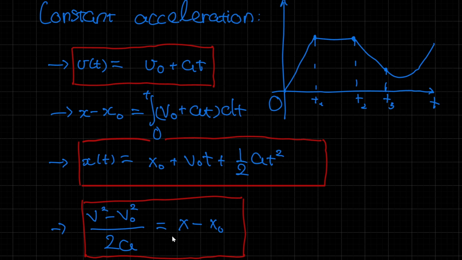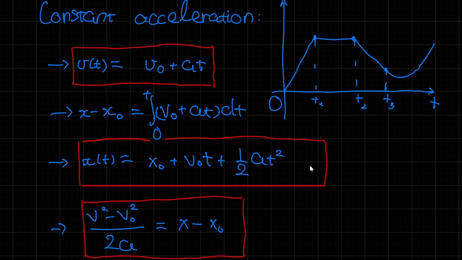And another form for this equation is v squared minus v0 squared over 2a equals x minus x0. These three equations can help you a lot in different problems. Sometimes you may use this, but sometimes you may use these other equations. That really depends on what problem you are trying to solve.